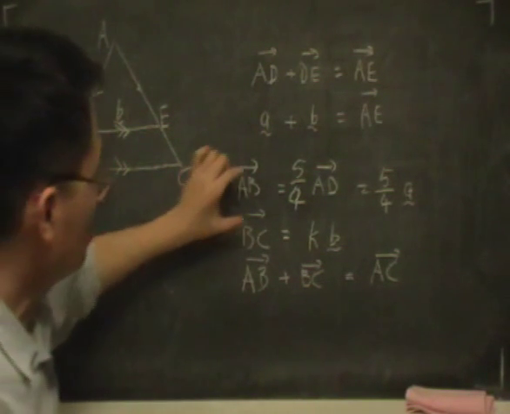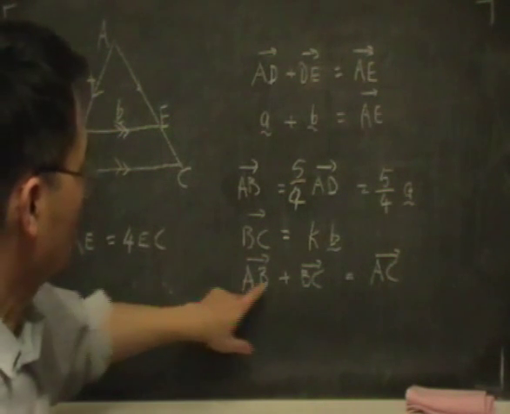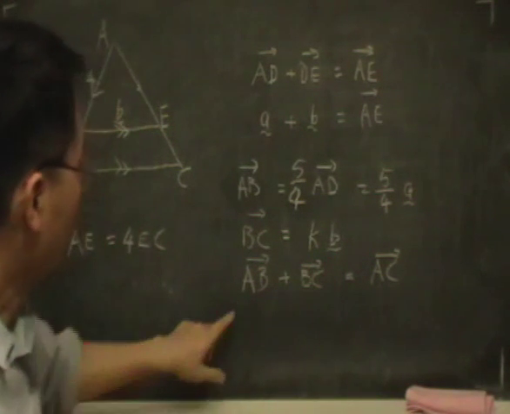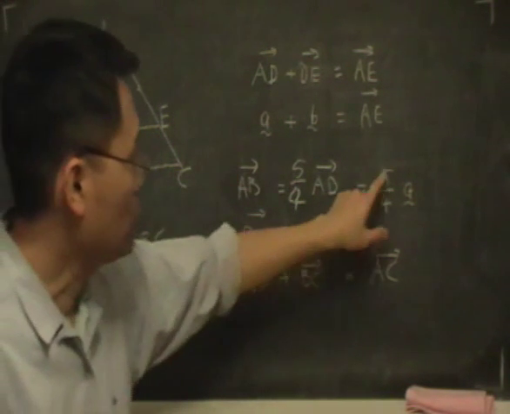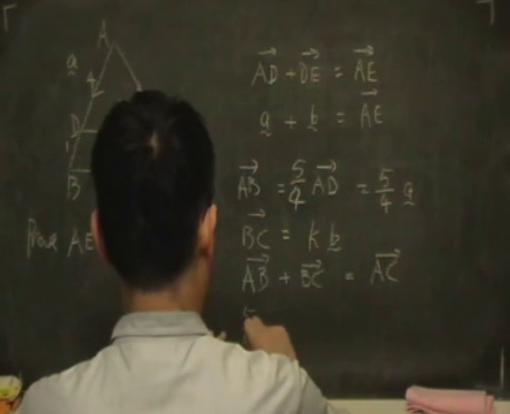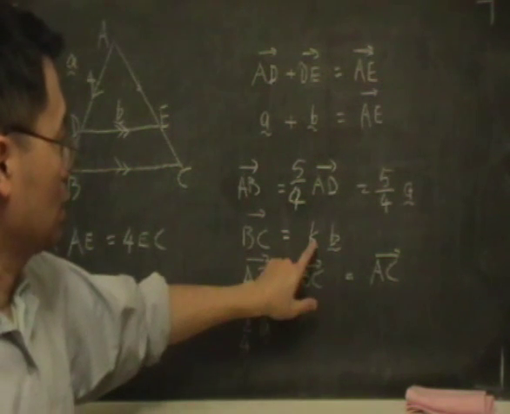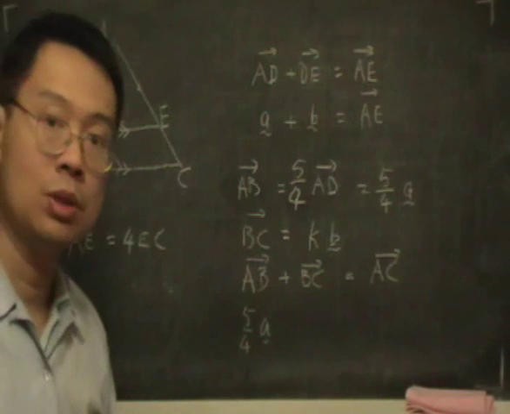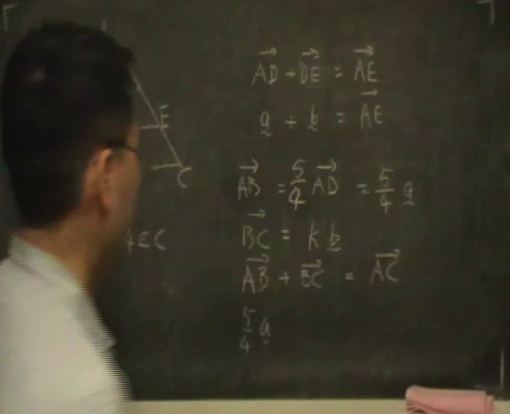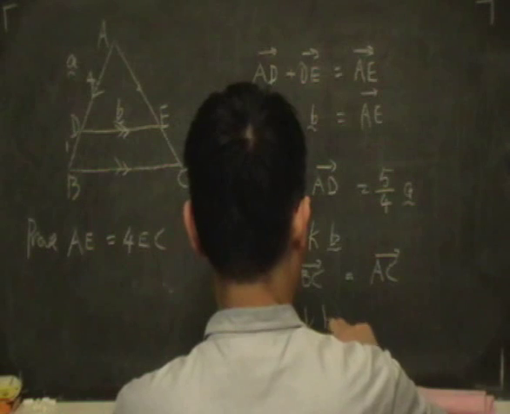Now, using these relations that we have obtained, let me write the whole lot in terms of the vectors little a and little b. So we know from here that AB is equal to 5 over 4 a, and that BC is equal to a scalar times b, in which we let the scalar be k. So this is k times b.